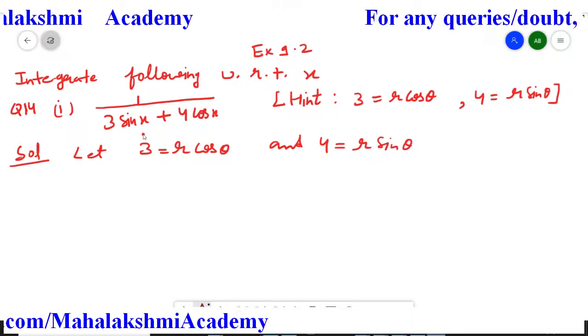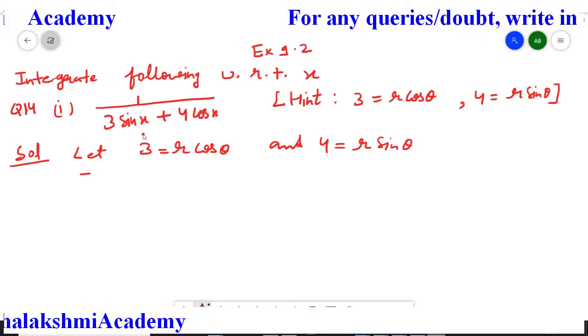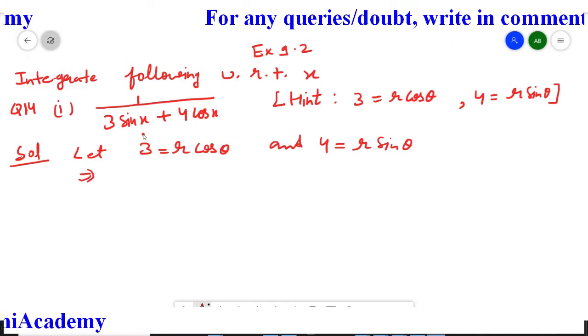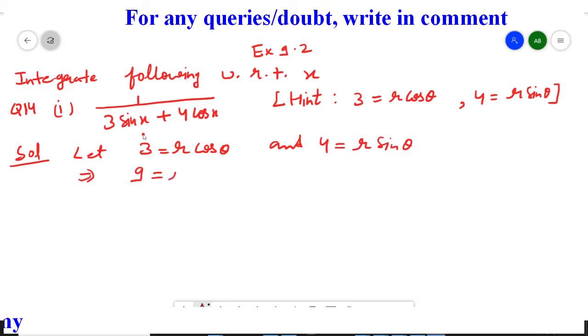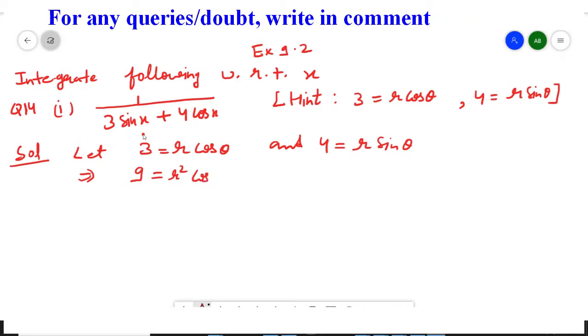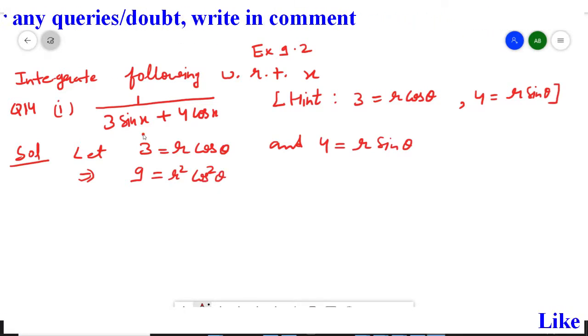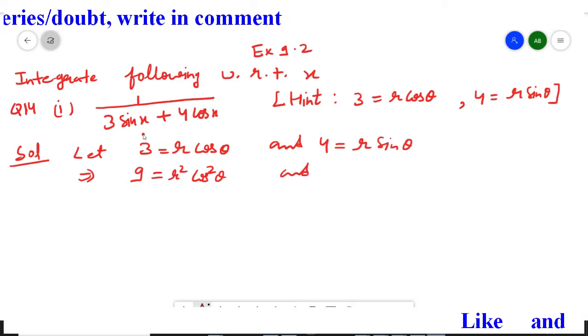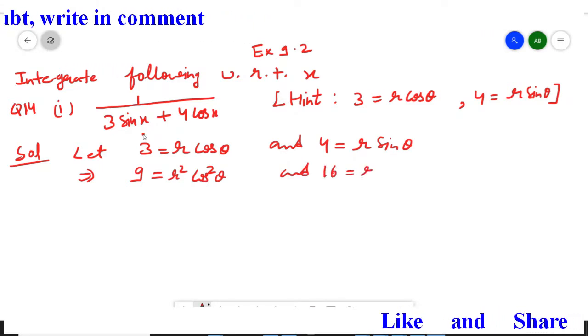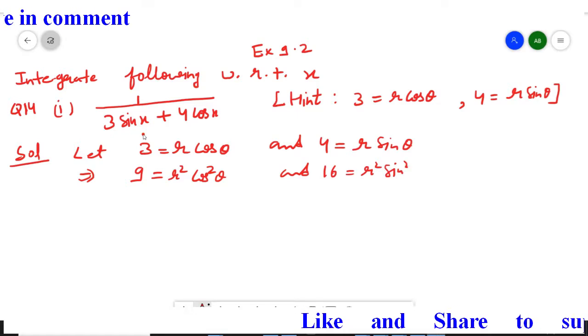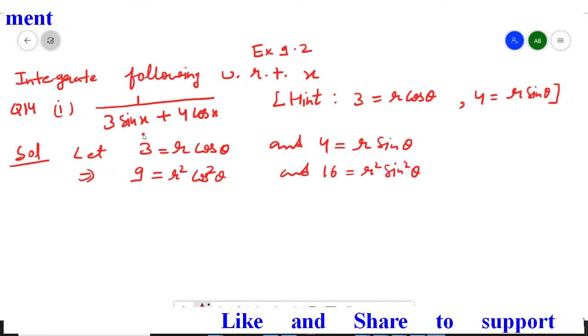Now we will do the square here, which implies when we square 3 we get 9 r square cos square theta. In the same way, when we square 4, we get 16 r square sin square theta.